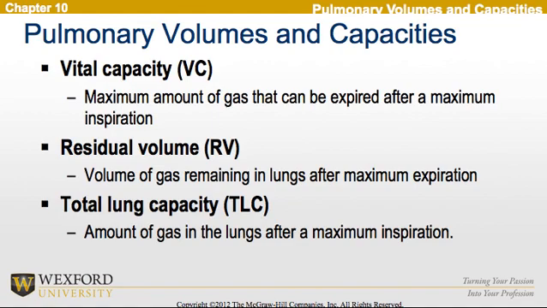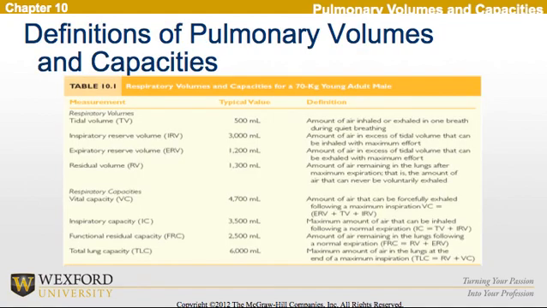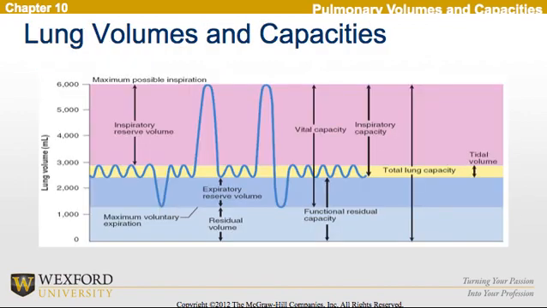And we have a total lung capacity, which is the amount of gas in the lungs after a maximum inspiration. The chart and table below list the definitions of pulmonary volumes and capacities. Please reference this table in your book. The following diagram shows the different lung volumes and capacities that we just discussed.